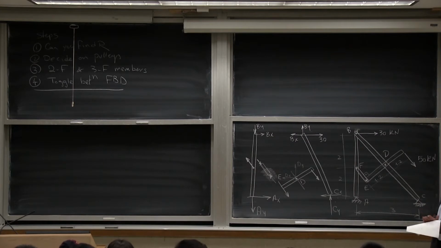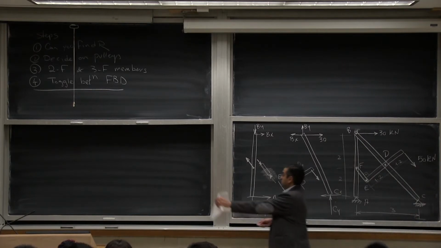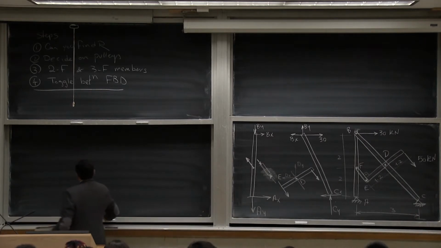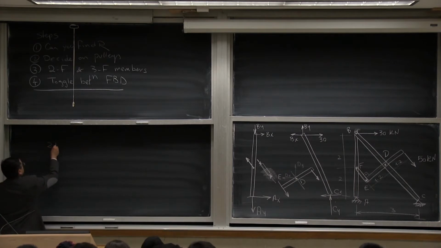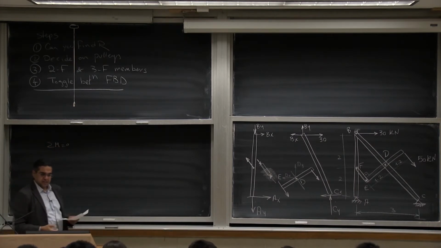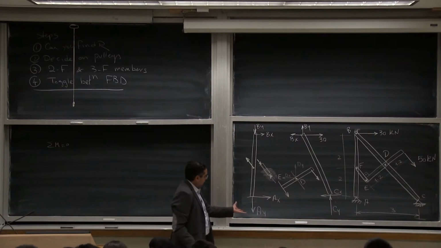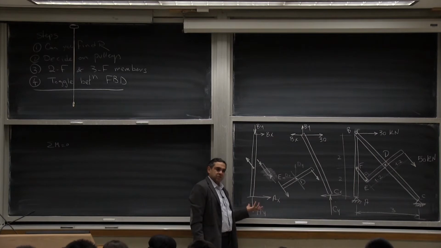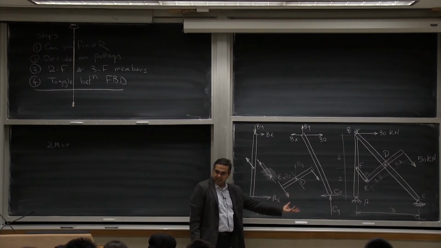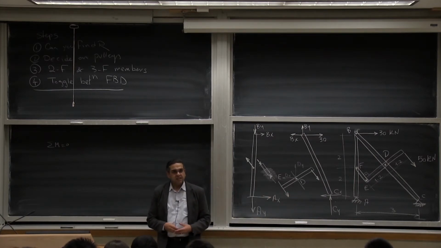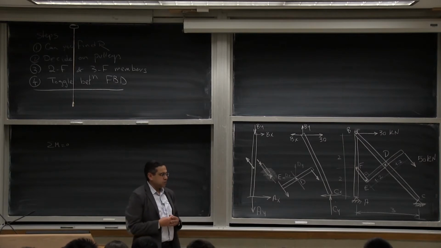And so if you want to find the reactions, that's very easy to find CY. And so I'll say sigma M equals 0. And I think we discussed this last time. Where should I take the moment? I want CY, so I should take the moment at A or at C. Am I right? And we discussed that which one is better?